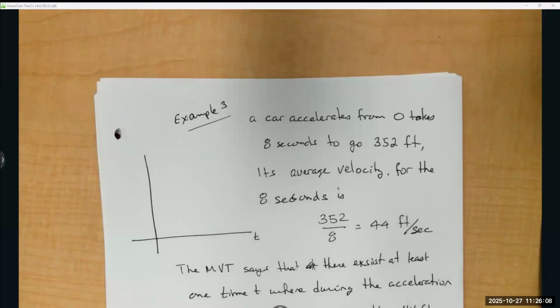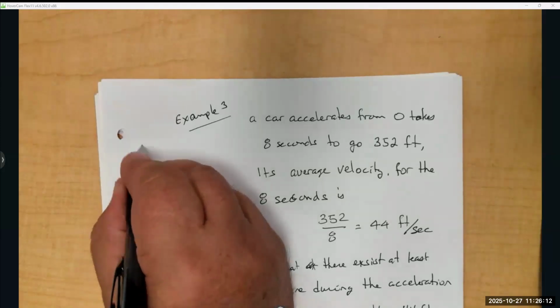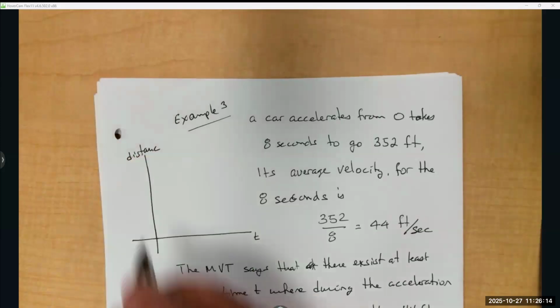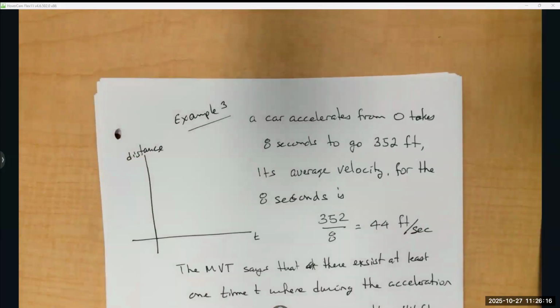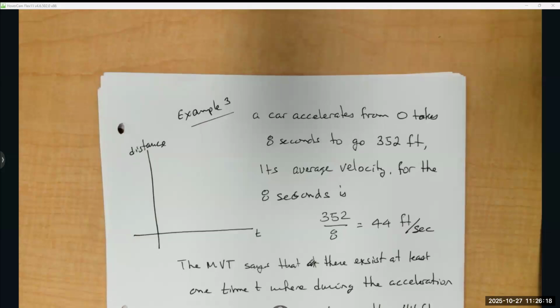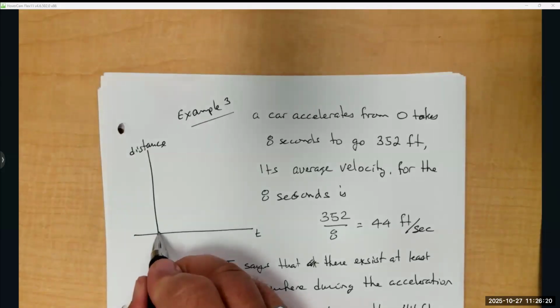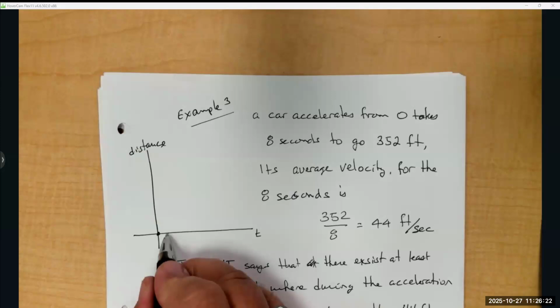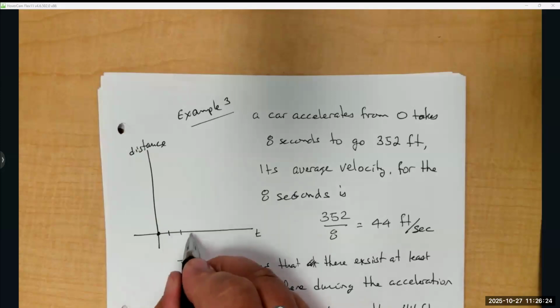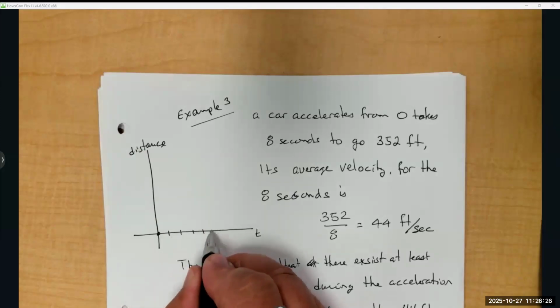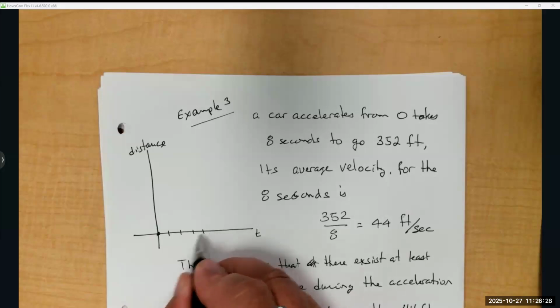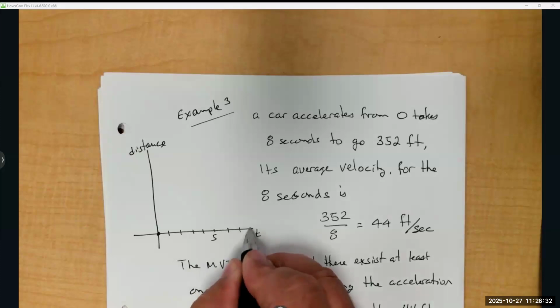Time is always on the bottom, and the distance is the vertical. So it started at 0. One, two, three, four, 5, 6, 7, 8.